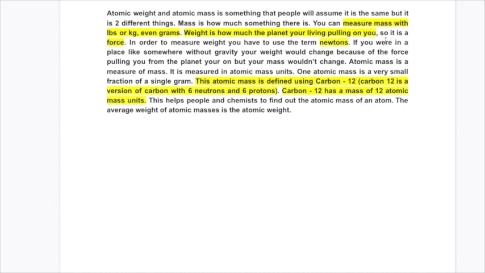So overall, atomic mass is a measure of mass, and it's measured in atomic mass units, and 1 atomic mass unit is a very small fraction of a single gram. So now we're going into units of atomic mass. Atomic mass units are very small. Do you know why?